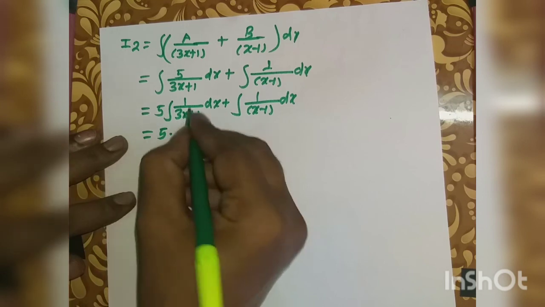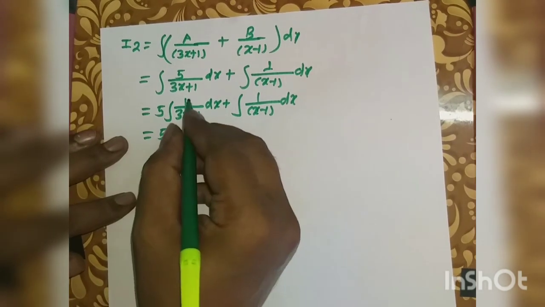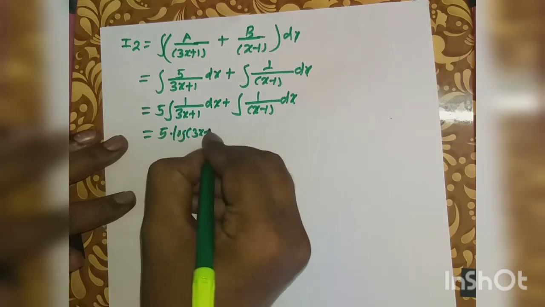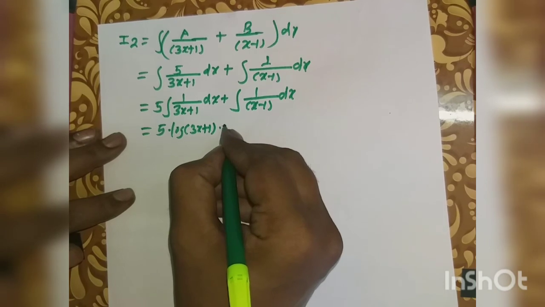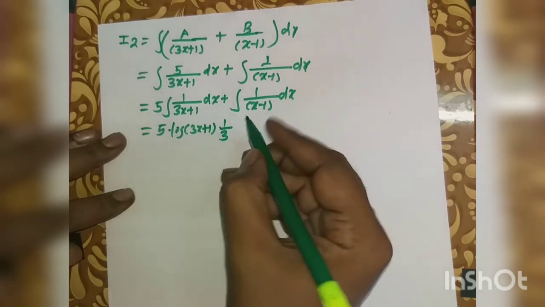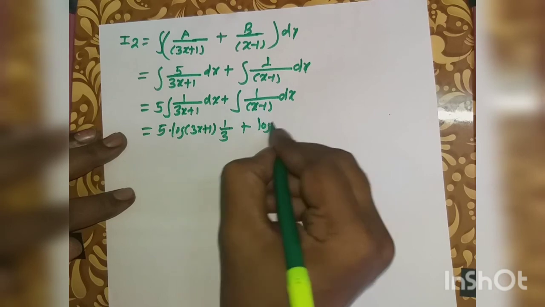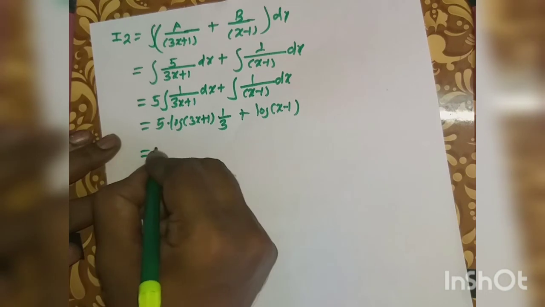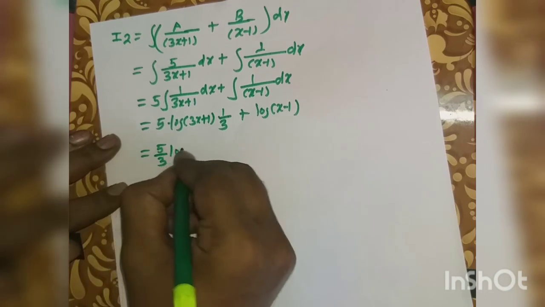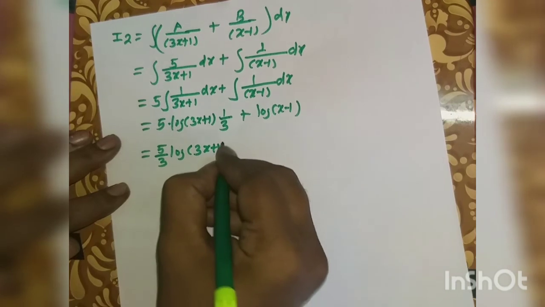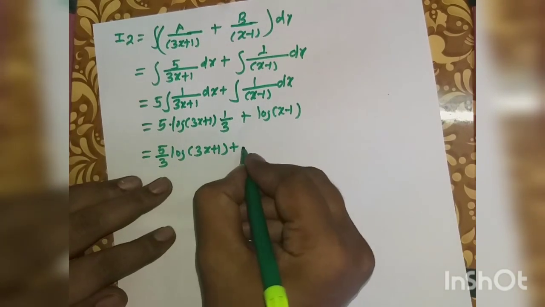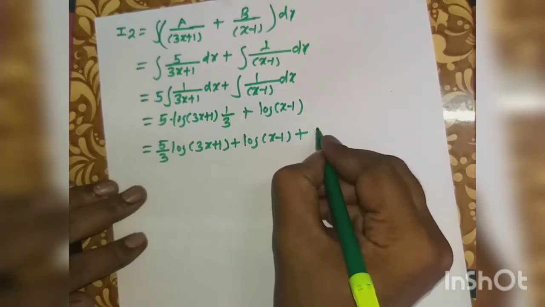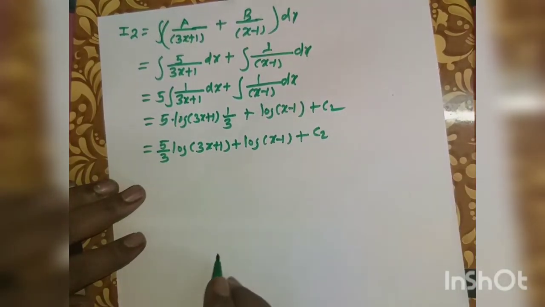Now 5 into 1 divided by a linear expression: the integration of 1 by x is log of x, so we get log of 3x plus 1. But the coefficient of x is 3, so divide this answer by 3, plus log of x minus 1. That is 5 by 3 log of 3x plus 1 plus log of x minus 1 plus c2.